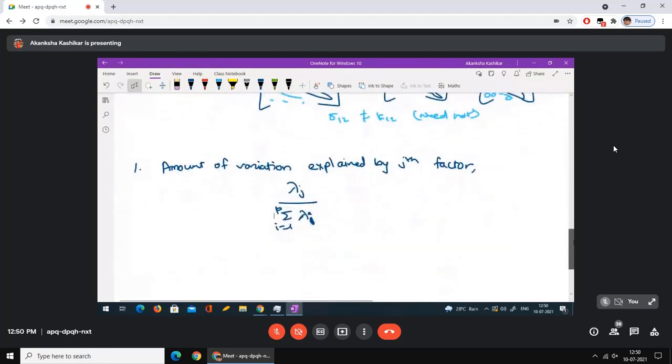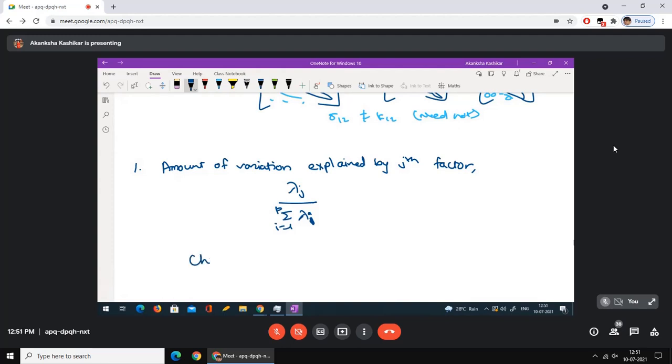Okay, ma'am. Okay. So the amount of variation explained by the jth factor would actually use properties from linear algebra, nothing else. It would be the same as in the case of PCA, that is, lambda j upon the sum over i going from 1 to p.